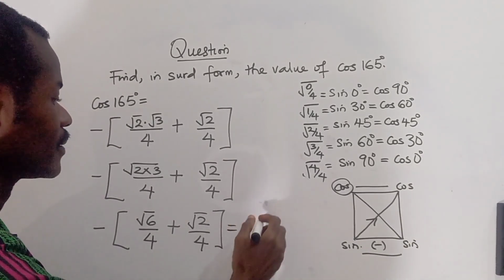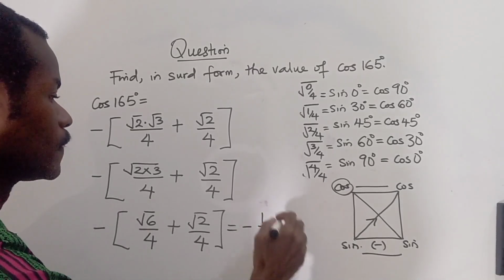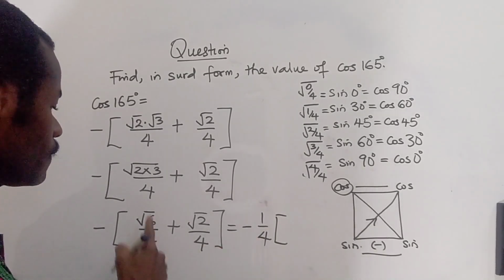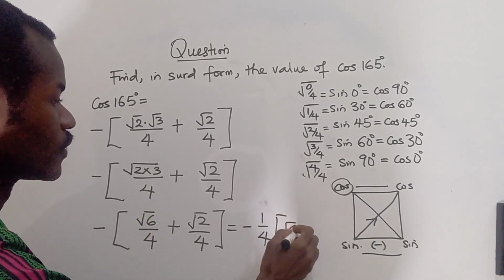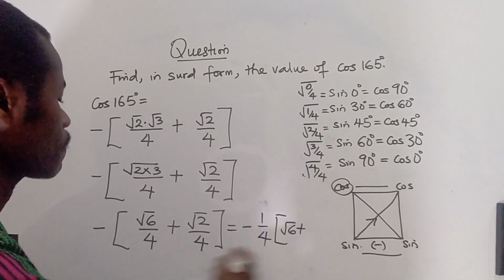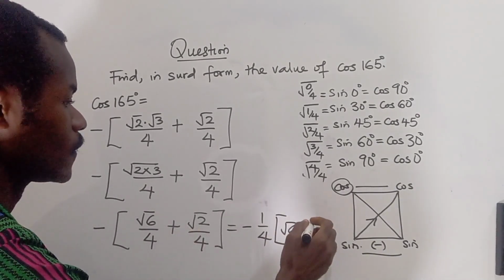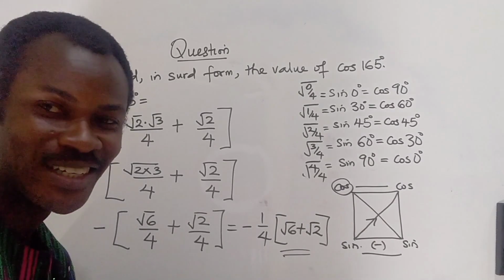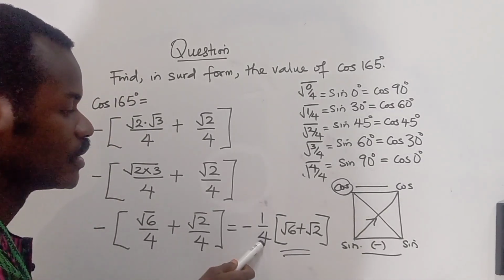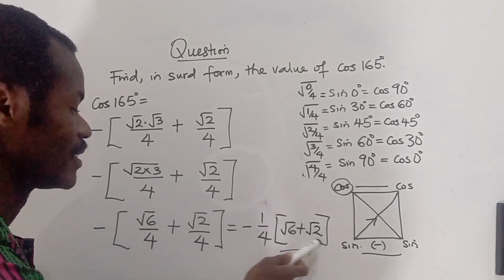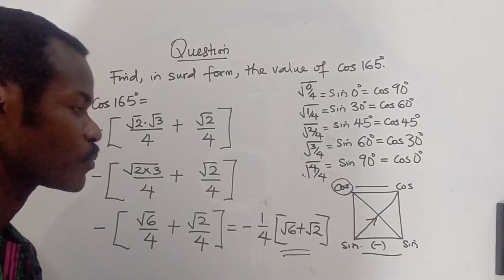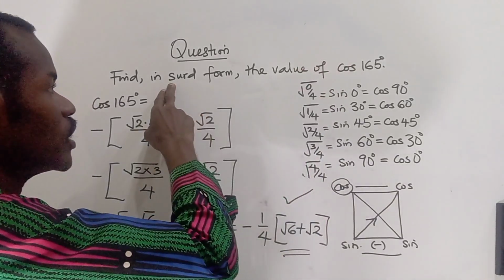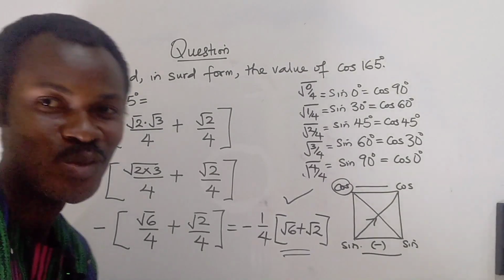So we have minus 1 over 4 into square root of 6 plus square root of 2. So this gives us the answer to this problem. Also, if you expand using 1/4 to multiply this, you are also going to get this. So this gives us a simple solution to this problem of keeping in surd form the value of cos 165.